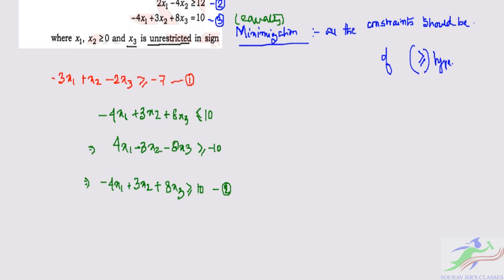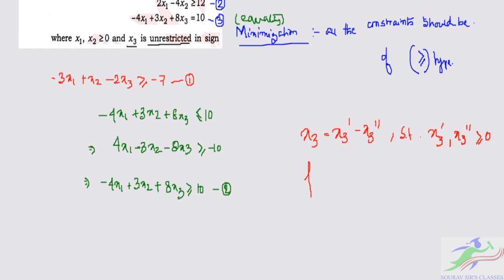Now we will put x3 equal to x3 prime minus x3 double prime, so that x3 prime and x3 double prime must be greater than or equal to 0.